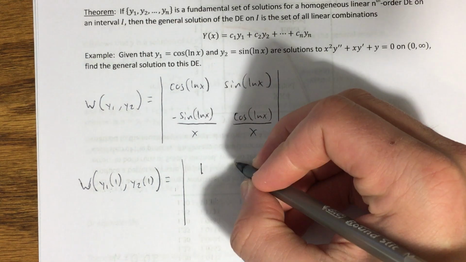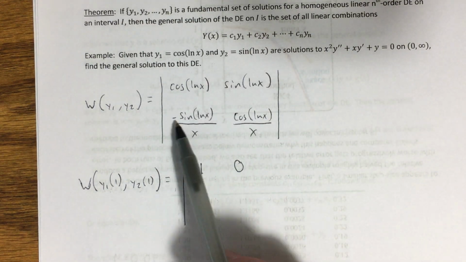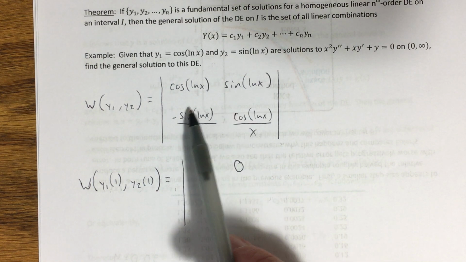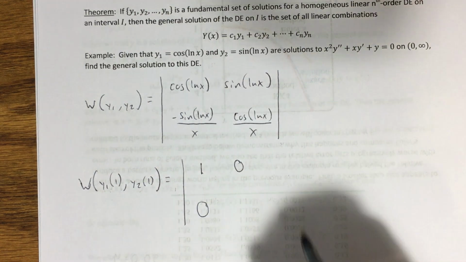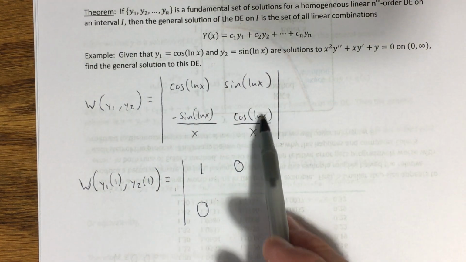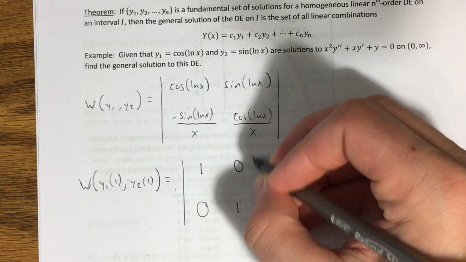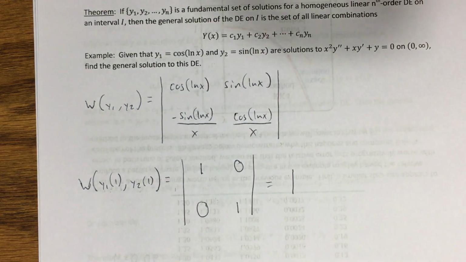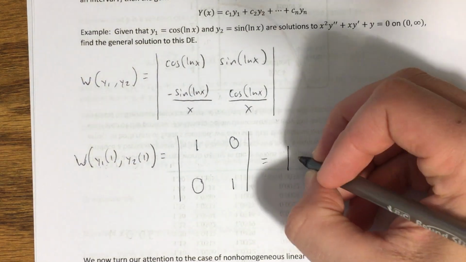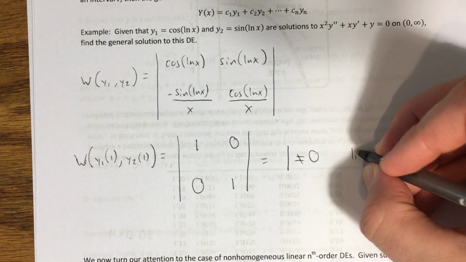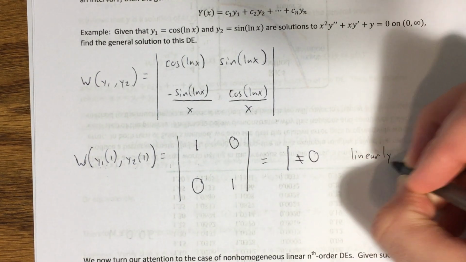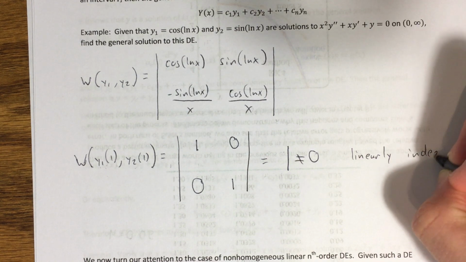Sine of 0 is 0. Here, if this is equal to 0, then this numerator is equal to 0. I have negative 0 over 1, which is 0. In comparing this to this, I would have 1 over 1, which is 1. That determinant is very easy to evaluate. It's equal to 1, which is clearly not 0. So this is a linearly independent set.